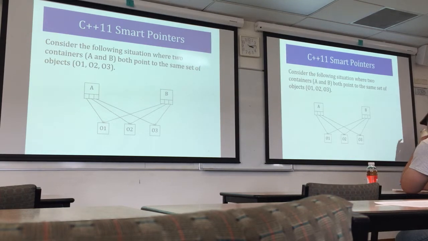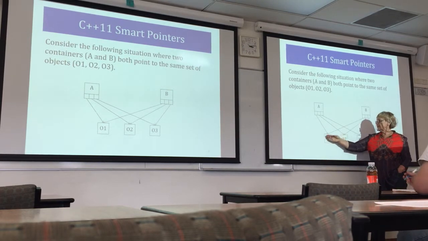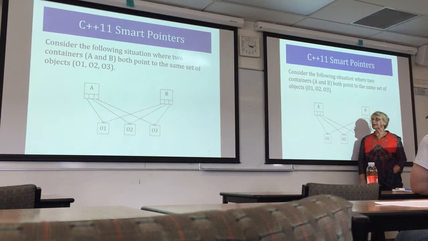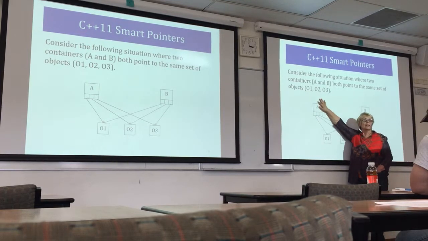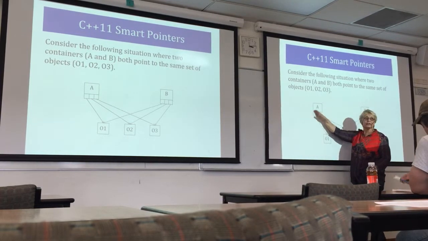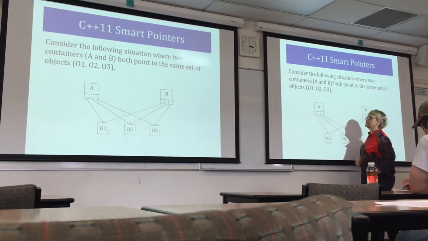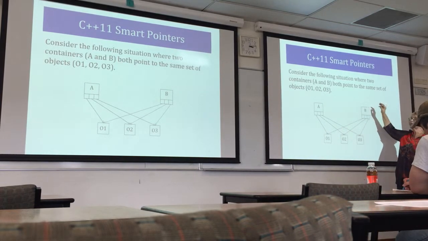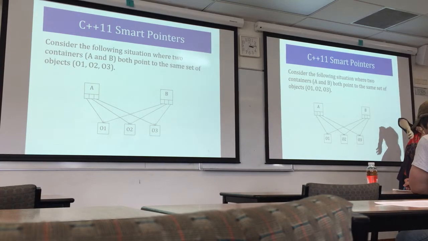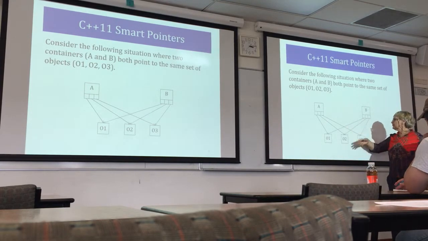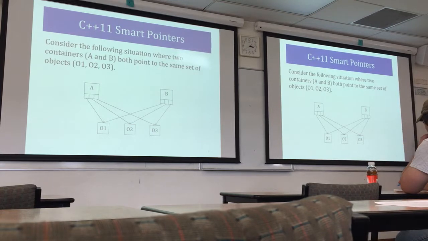So these objects can be, for example, student objects, and here we have a list of IDs. Each student has an ID, so we have pointers here, and here we have courses, and the course container keeps track of the students enrolled in that course via pointers.